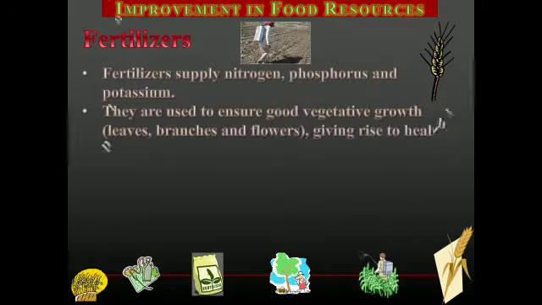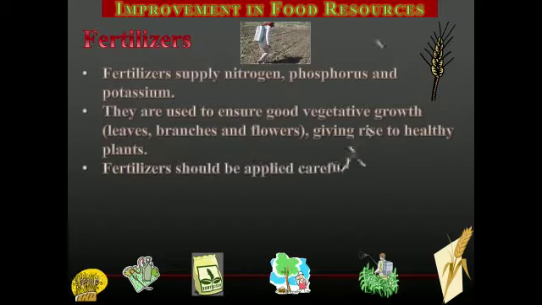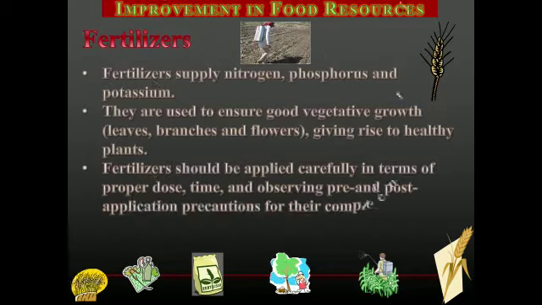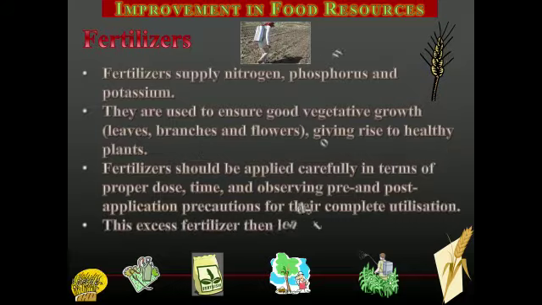Fertilizers, but, should be applied carefully in terms of proper dose, time, observing pre and post application precautions for their complete utilization. In case there is excess fertilizer, then it can lead to water pollution, as it will not be absorbed by plants and soil, and it will act as a runoff during the time of irrigation or during the time of rain.